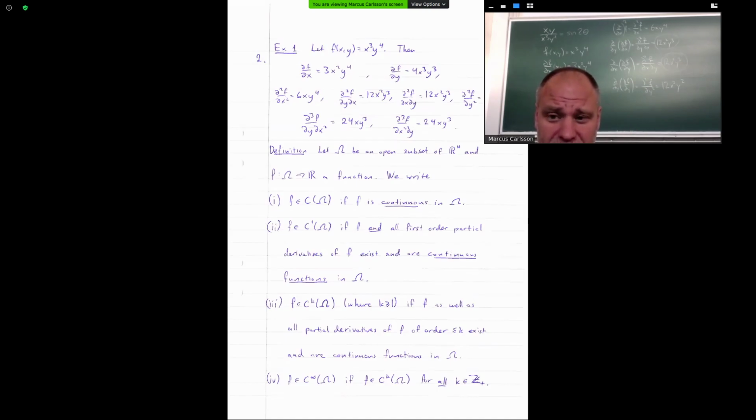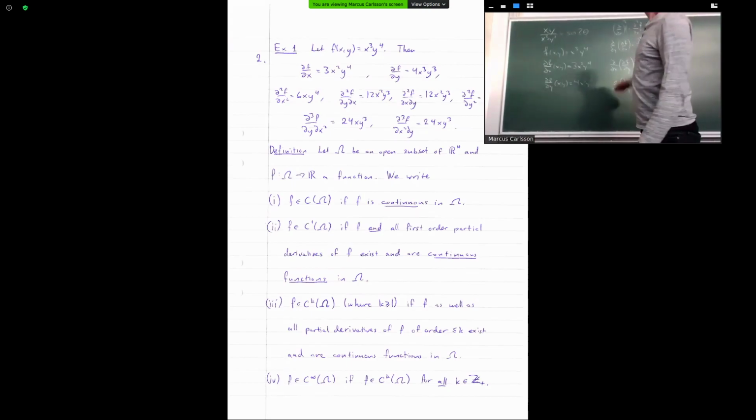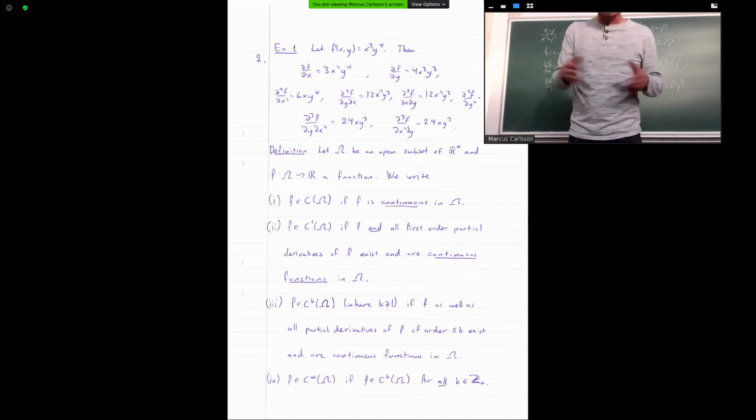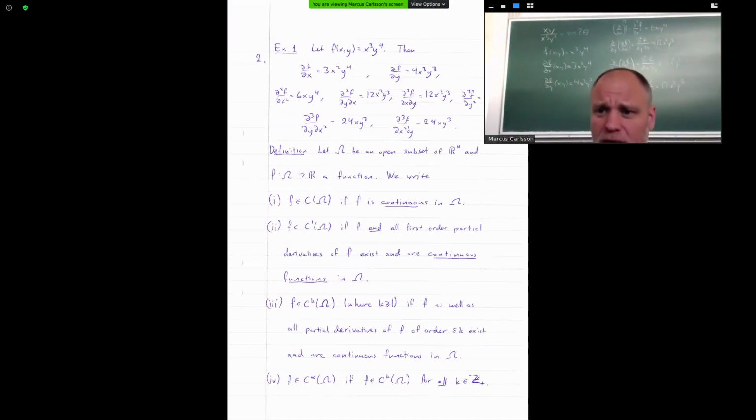And this is the key issue that separates difficult functions from nice ones. So if we go back looking at this guy here, it has partial derivatives at all points, but they are not continuous functions. So the partial derivatives exist everywhere, but as functions of the variables, they are not continuous. And that's when things can go wrong.